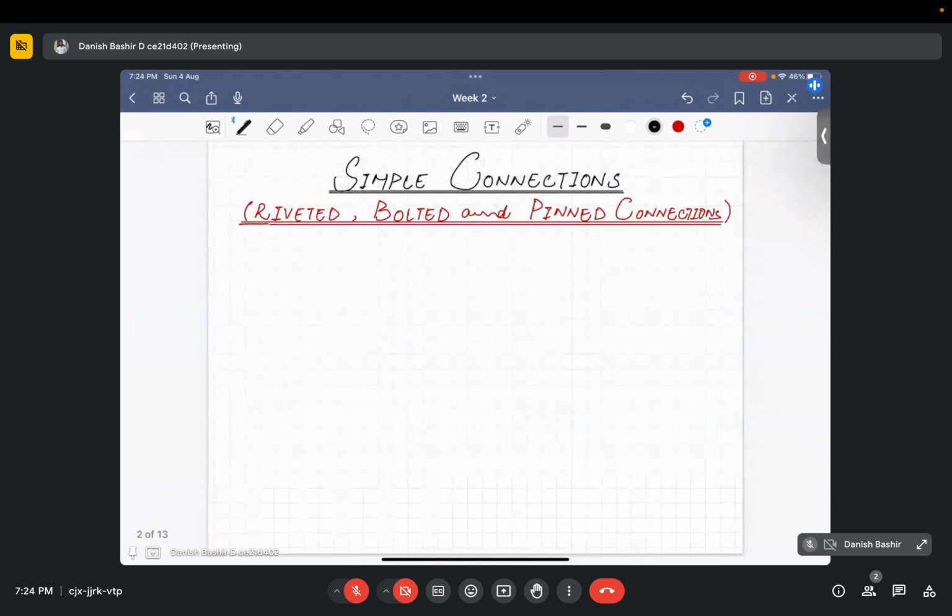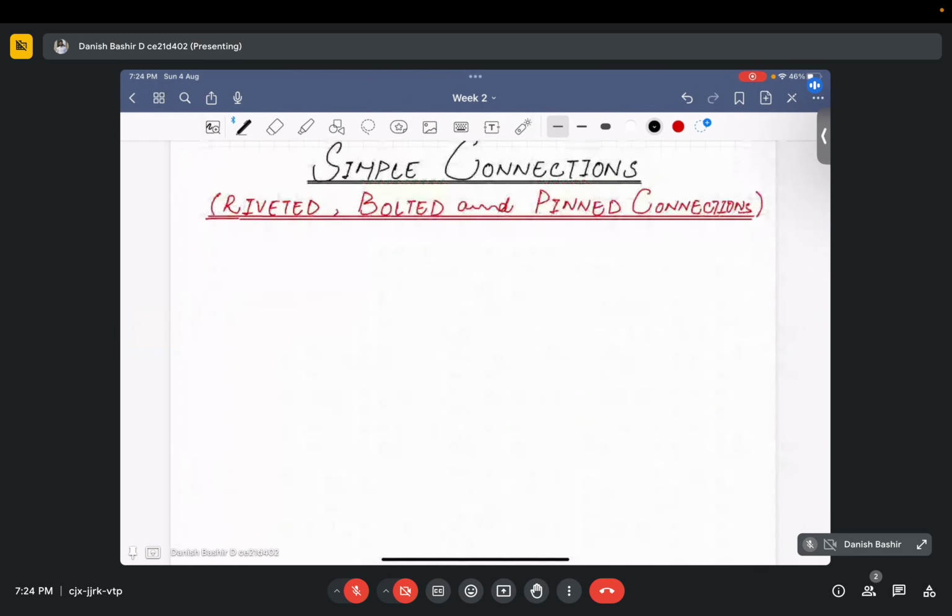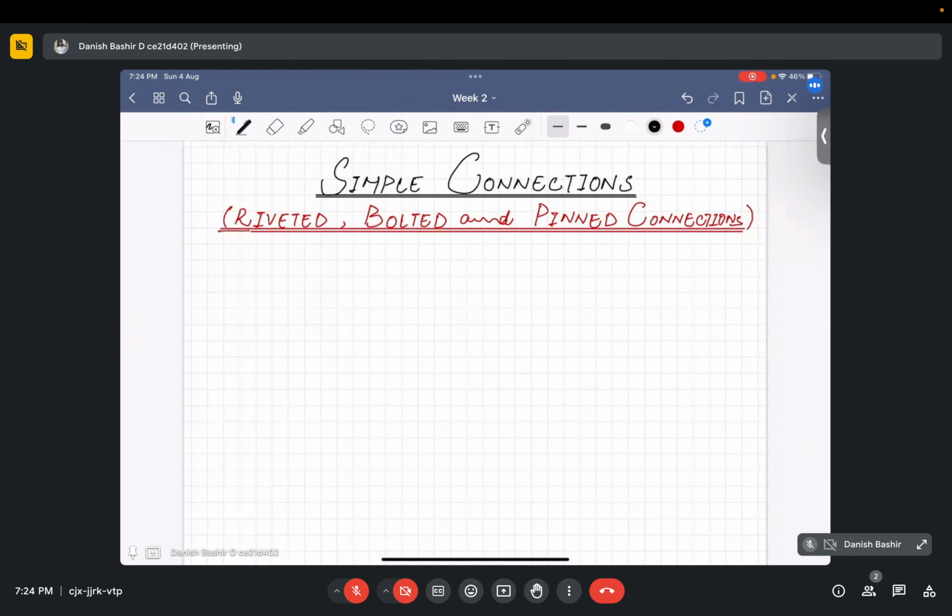So in today's class, we will be seeing the simple connections in our steel design. What are the simple connections in steel structures? For example, we have two members, member one and member second.